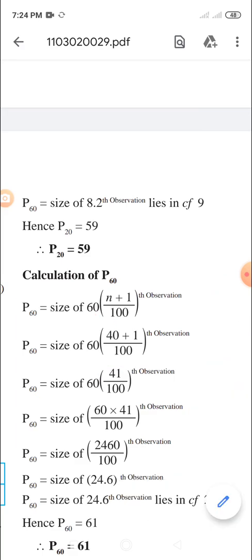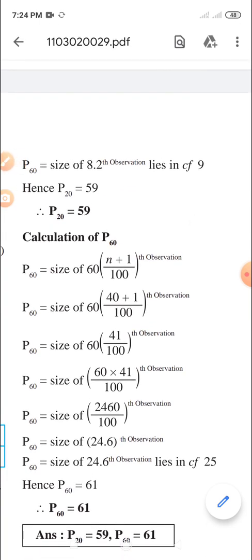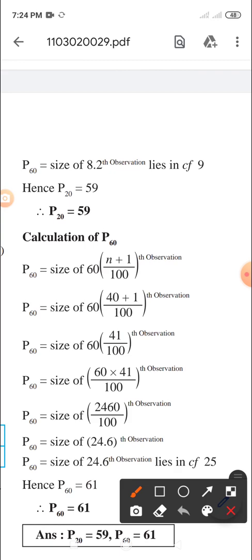So P60 is equal to size of 24.6, that is 2460 divided by 100, that is the 24.6 observation. So this 24.6 observation lies in CF 25.